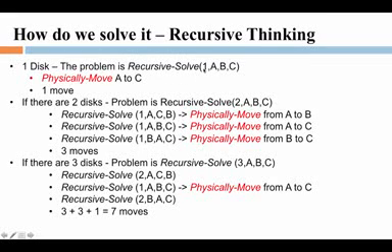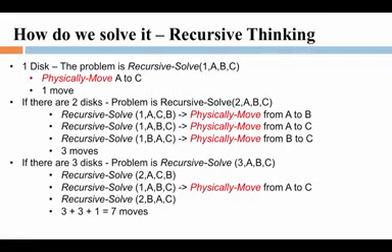The first argument is the total number of disks that you have. The second argument is the tower that contains these disks, in this case tower A. C is the destination tower, that is, you want to move all these disks into tower C from tower A, and you can use tower B as the intermediate tower.